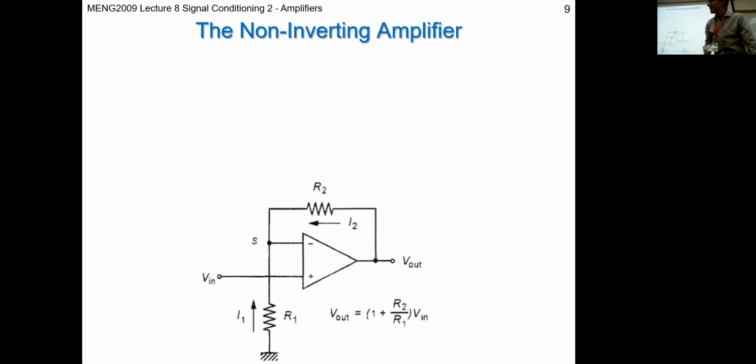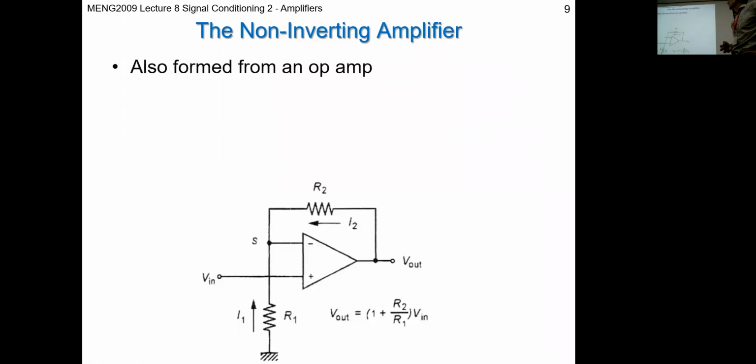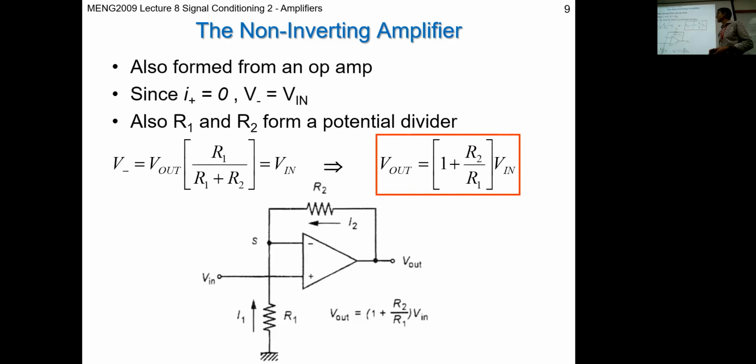Okay, so our non-inverting op amp is also formed from the same op amp, and we went through the logic of this. Because you have zero current flow going through our op amp, then V at negative has to equal V at positive, so V at negative equals V in.